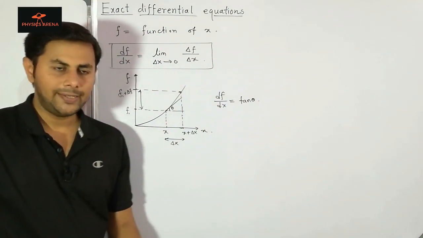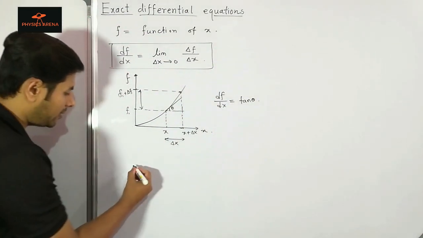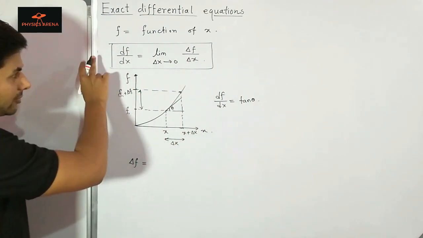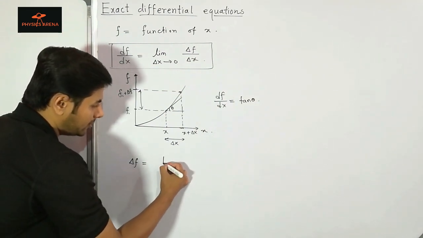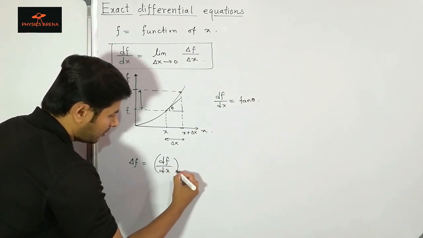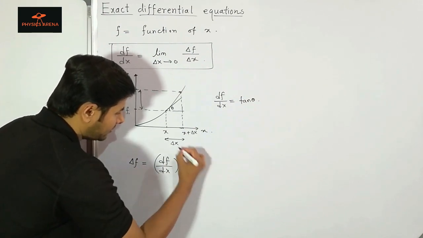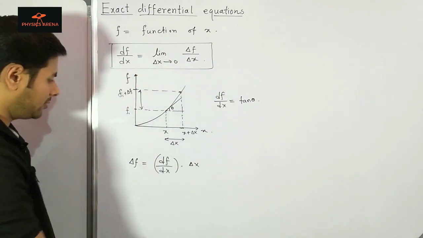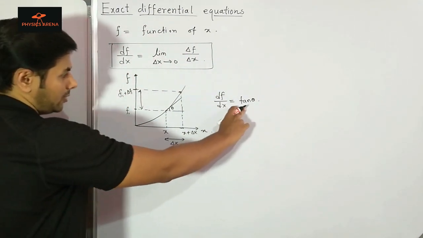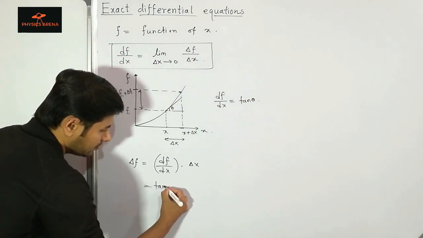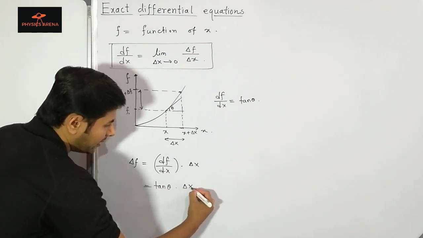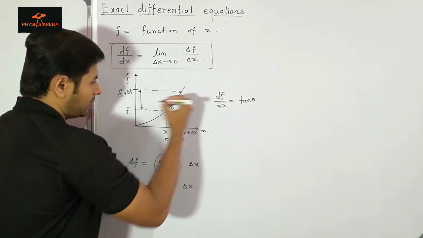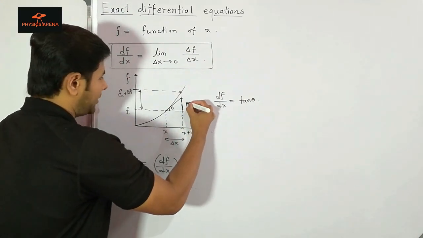We can find it approximately by using this formula. If I take delta x to the other side, I can write delta f equals df by dx multiplied by delta x. This is tan of theta multiplied by delta x, and this much is, let's say, delta f prime.